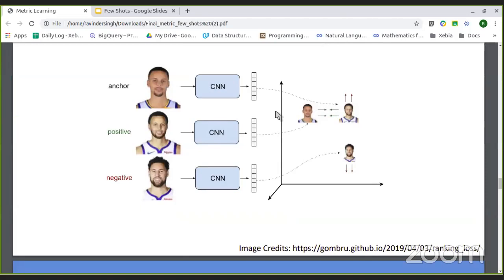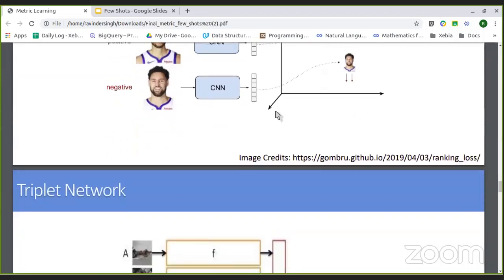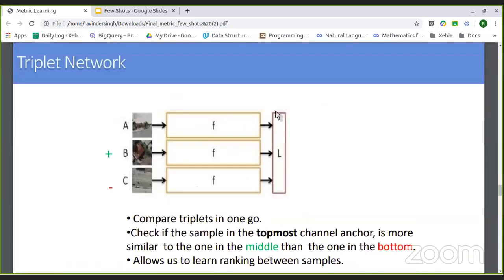Hopefully Nikhil has already communicated why we need this type of strategies, because we wanted to do all things in a single shot. So basically what we need is triplets. When we are talking about triplets, there will be one anchor, then the other one is positive.